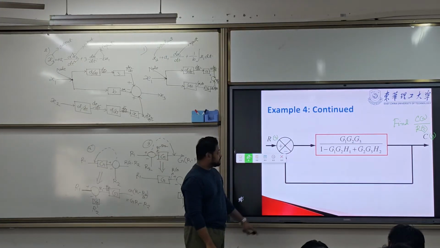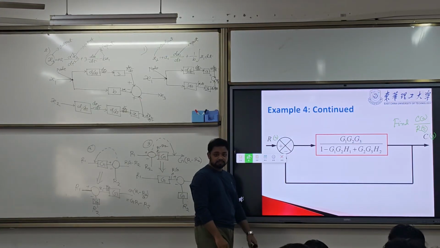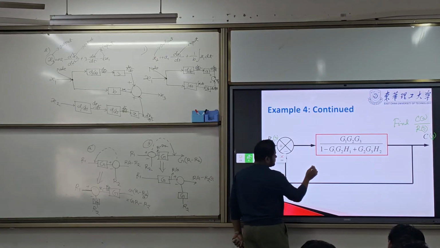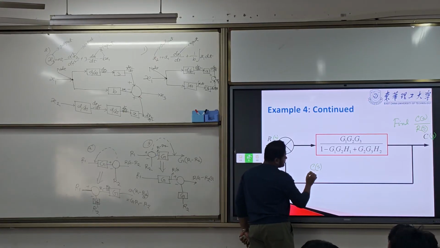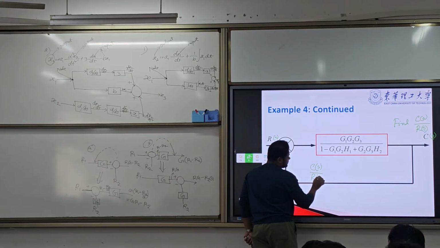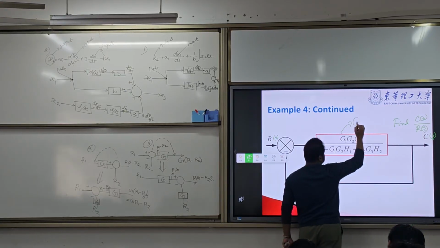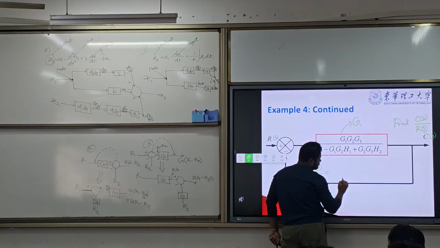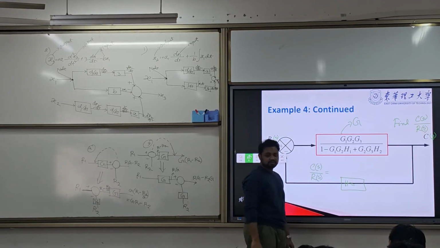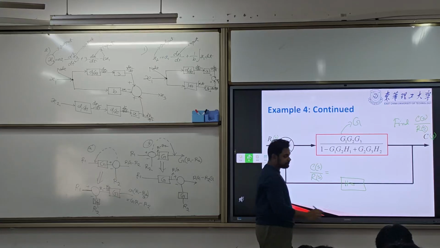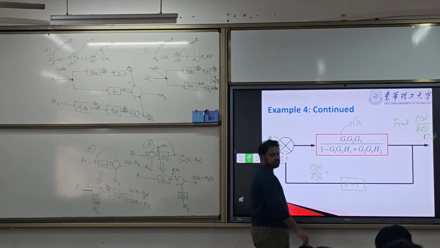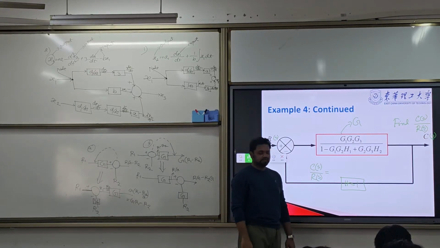What is your answer? You need to solve it again, right? What is that? CS by RS, the final equation. This is G and this is H. H is equal to what? 1. Right? H equal to 1.